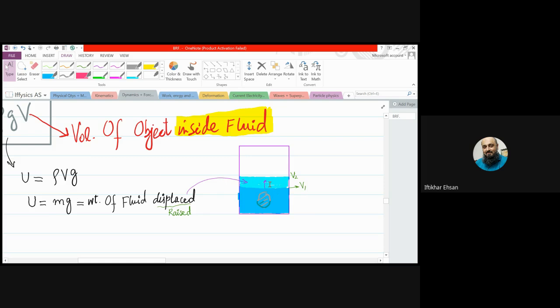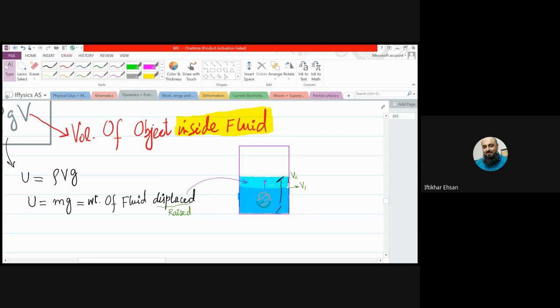Is it clear? So beta, that is why when a pin or needle is kept inside a fluid, it goes down and sinks. Why does it not feel so much upthrust? Because it has very small volume.